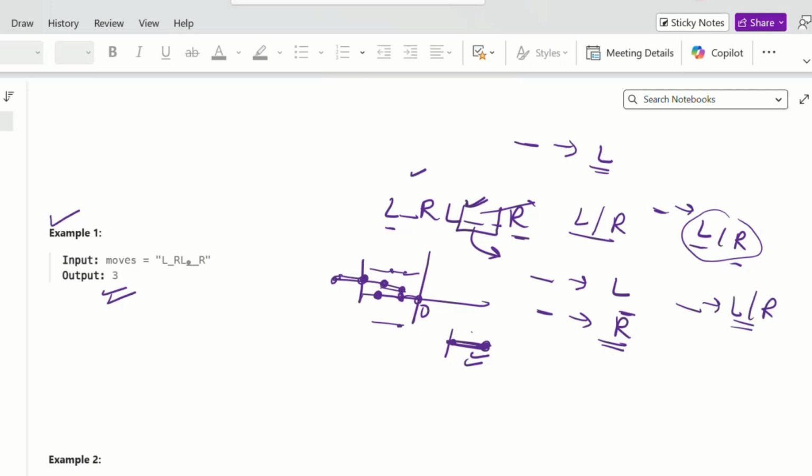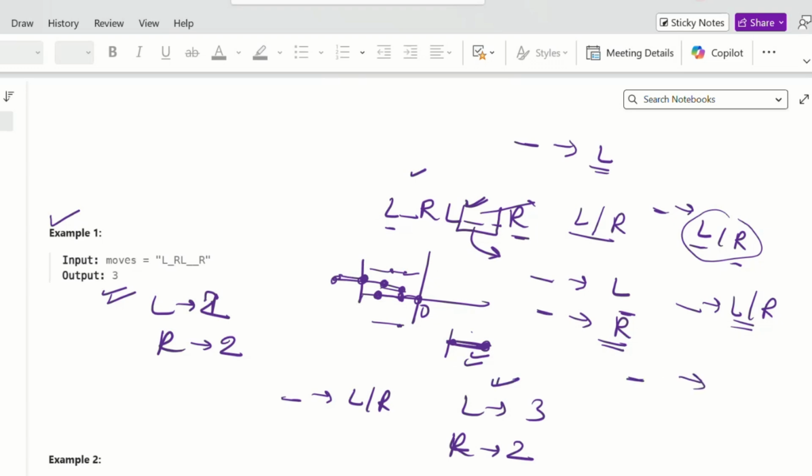For that, we will see how many L and how many R are present. If I look at this question, there are 2 L and 2 R. Since both are the same number, we can choose the dash value as either L or R. But if suppose L is 3 and R is 2, then we will choose L for dash also, because L is more, and then I can maximize my distance.